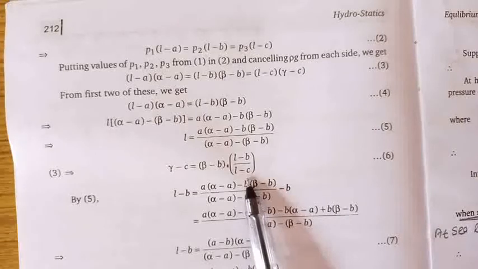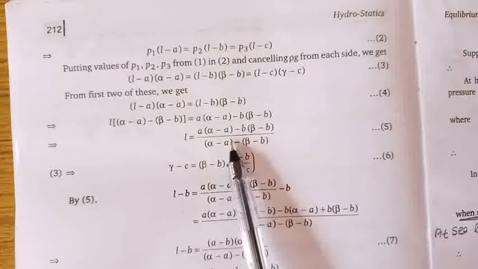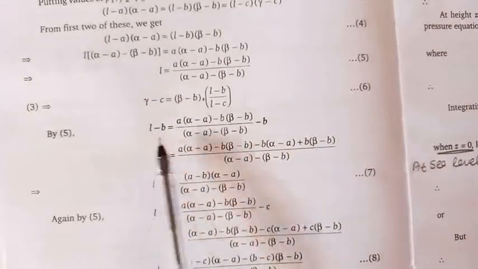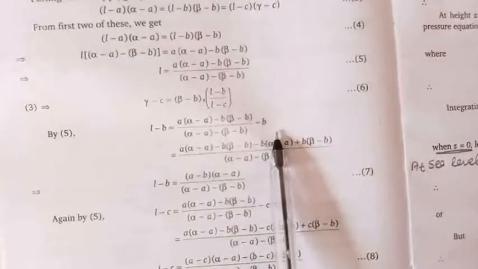As we have obtained the value of L, L minus B and L minus C can be obtained from here. L minus B is obtained by putting the value of L from equation 5 and subtracting B from it.